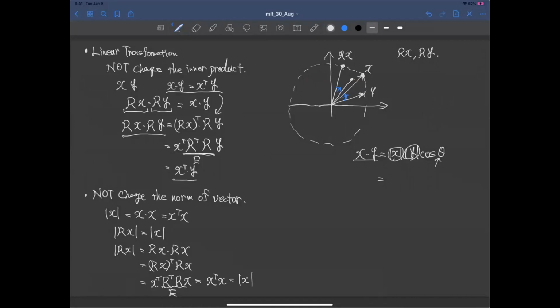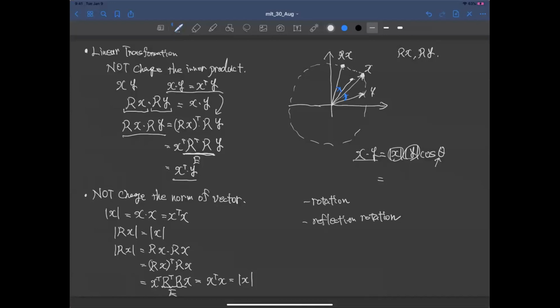Technically, there are two types of linear transformation regarding orthogonal matrices. One is rotation, and number two is reflection and rotation.